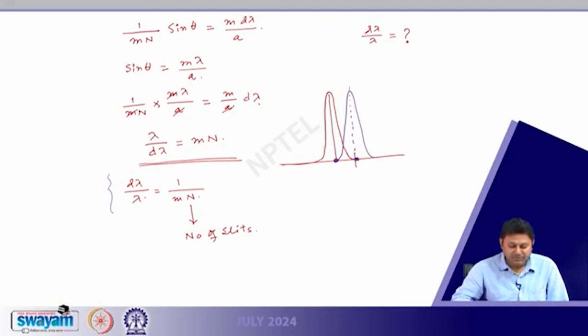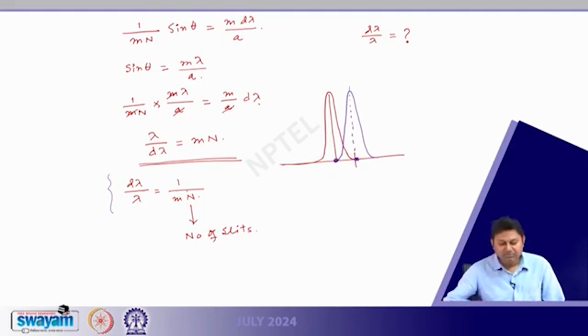This delta lambda will reduce more if the number of slits is more. So, delta lambda will be small, I mean even a smaller wavelength difference can be resolved with the grating for which the number of slits n is very high.